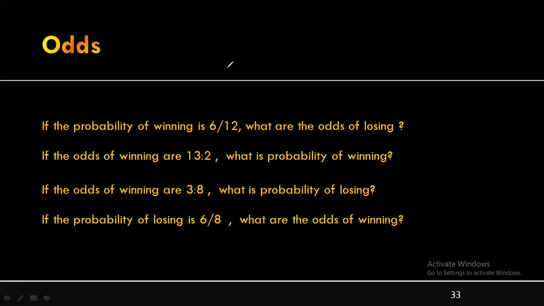Okay, so in this case, how do I solve this problem? Let's say the probability of winning is 6 out of 12, right? So the probability of winning is equivalent to 6 over 12, which is going to be 1 over 2, so it is 0.5. There is a 0.5 probability of winning.